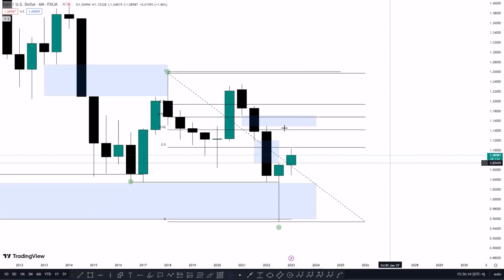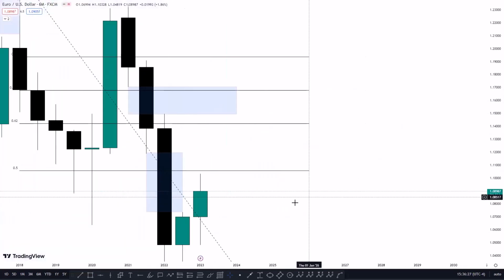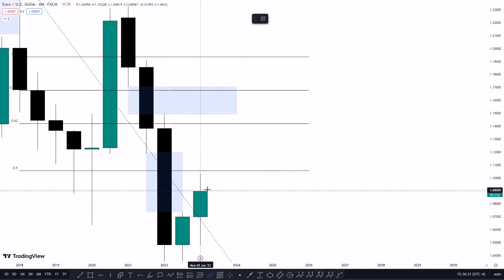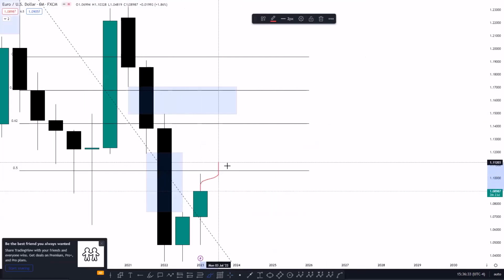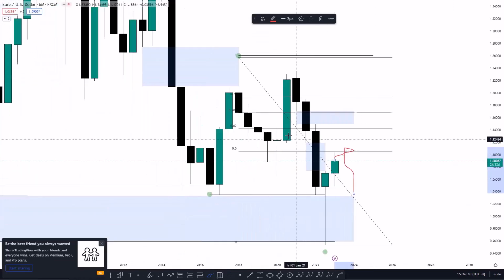As you can see, from the high all the way to the low, the market did not touch 50% of it. Meaning on Euro USD, we are likely to even trade higher, at least to hit 50%, just to reach a premium zone for a possible sell opportunity.